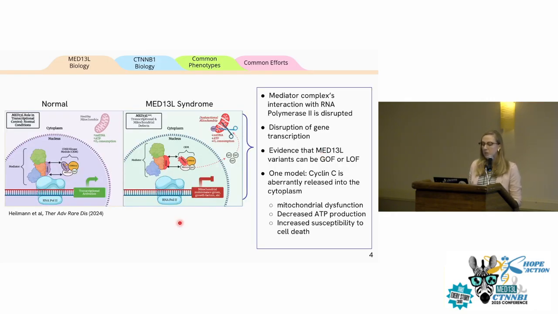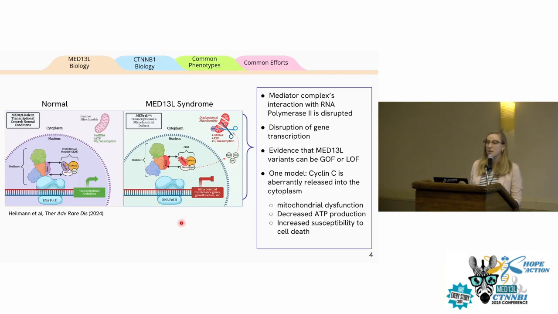There are multiple different theories for what could be the underlying molecular mechanisms of MED13L syndrome. But a predominant theory, under normal conditions on the left here, is what I just described, where MED13L is working to help RNA polymerase II do its job. But then in MED13L syndrome, there's a disruption to gene transcription.